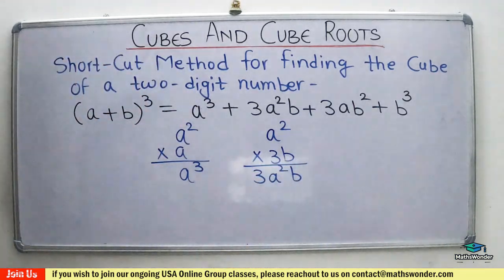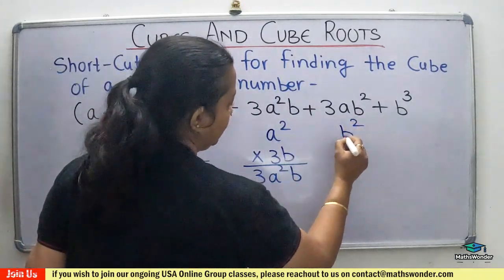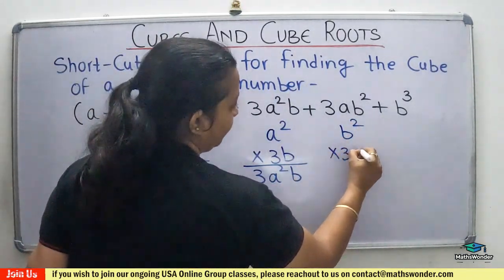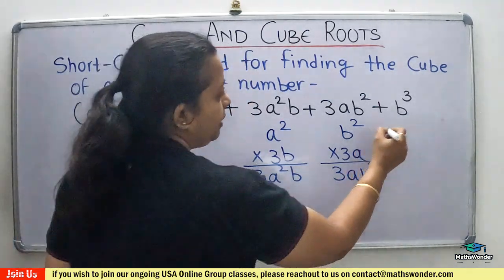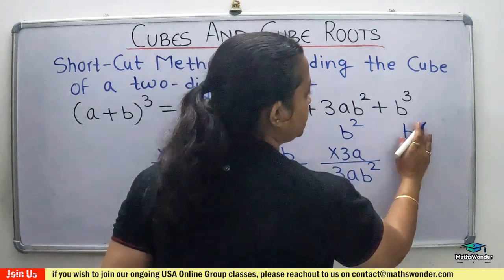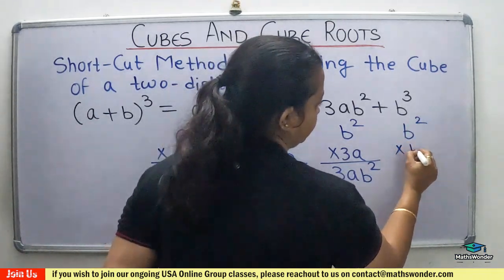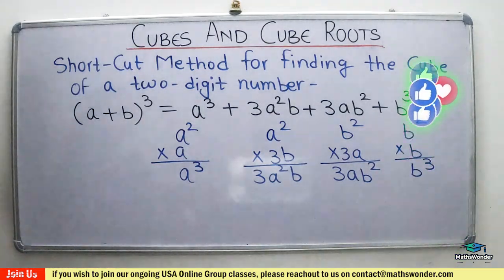Third, b square times 3a, which is 3ab square. And b cube you break down into b square times b, so it becomes b cube.